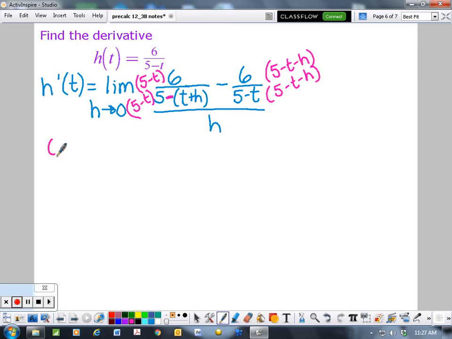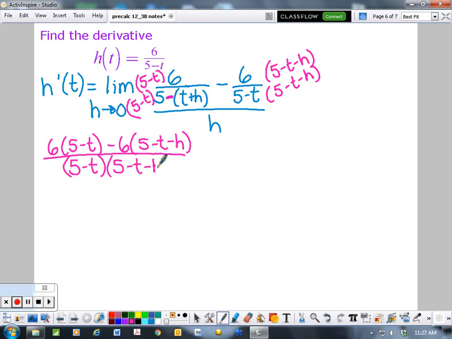So I'm going to have 6 times 5 minus t minus 6 times 5 minus t minus h, whole thing over 5 minus t and 5 minus t minus h. And the whole thing over this h, I'm going to go ahead and multiply by the reciprocal, so multiply by 1 over h. So that way we can just put that into one big fraction.